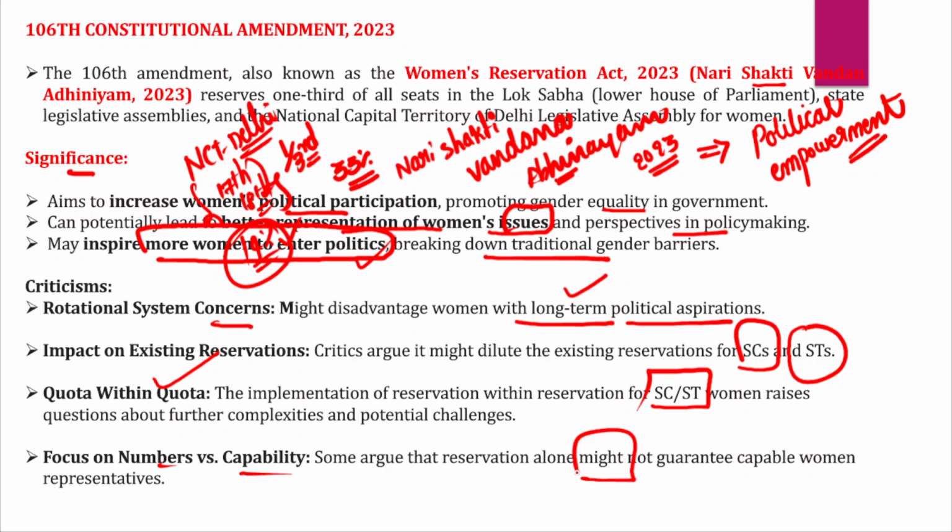And what happened at the grassroots level? Remember, at the grassroots level also 33% reservation has been given through the 73rd and 74th Constitutional Amendment Acts. Despite that, a concept called Sarpanch Pati, or the Pati Panchayat system, has started developing.